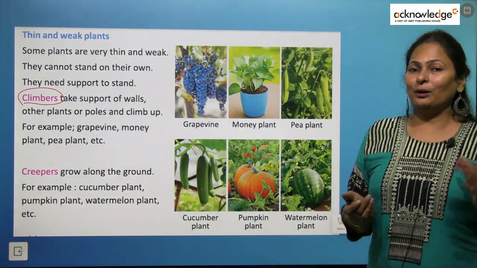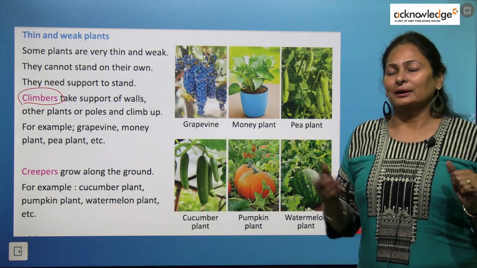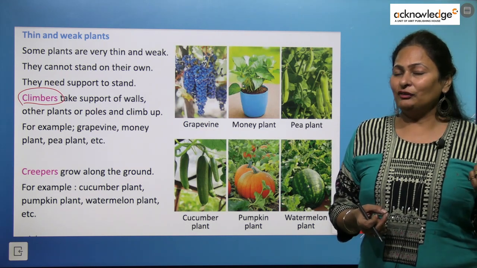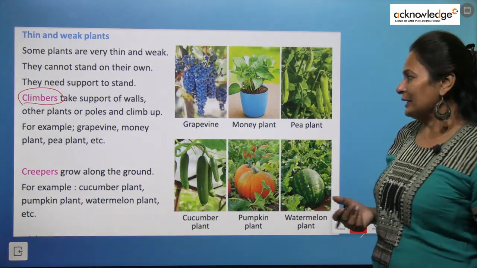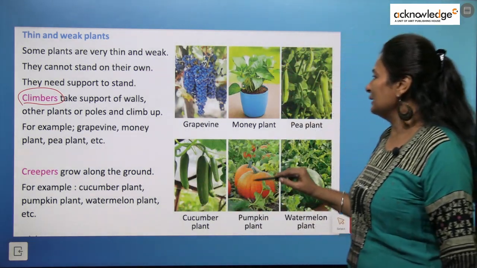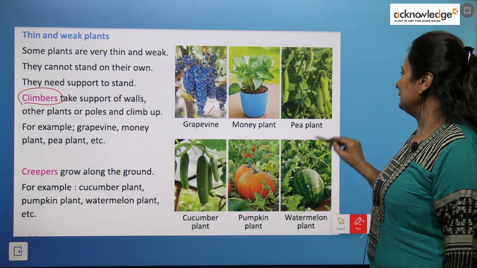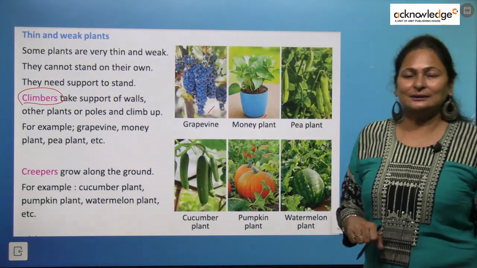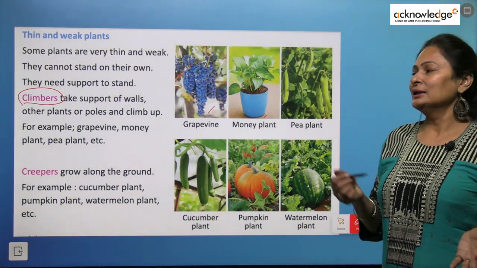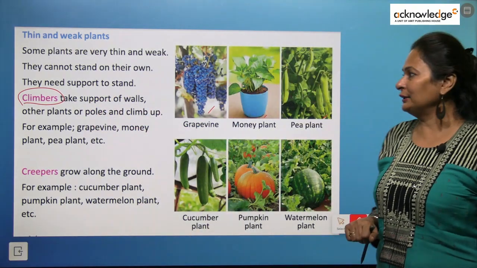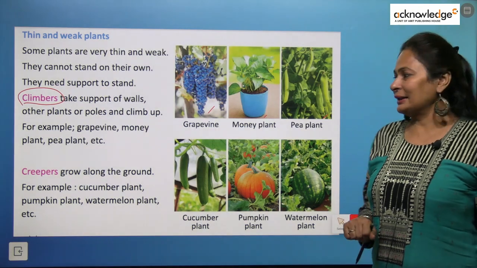They need support to climb up because their stems are very weak, right? So they cannot stand on their own. Examples are grapevine, money plant, and pea plant, right? They need support, so that is why they are grouped into climbers, right?